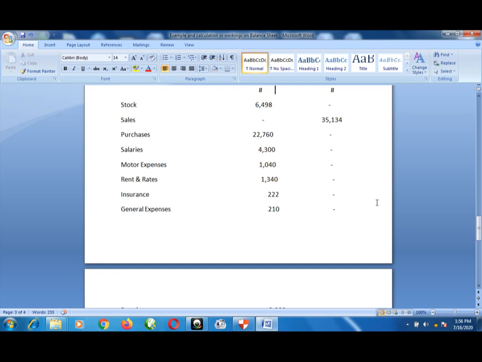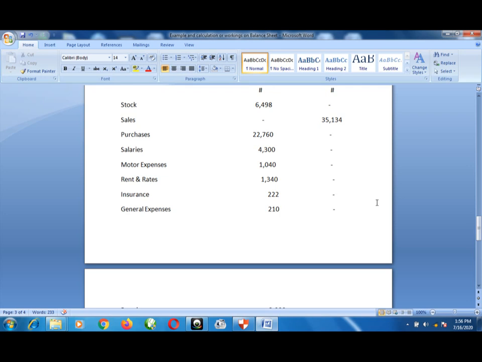Then the items for the profit and loss account. At the end of your preparation of the trading account, you get the gross profit. You take that gross profit to the credit side of the profit and loss account. You add it to any income given, like discount received, rent received, or commission received. If those were not given, just move down to the left-hand side for the expenses.